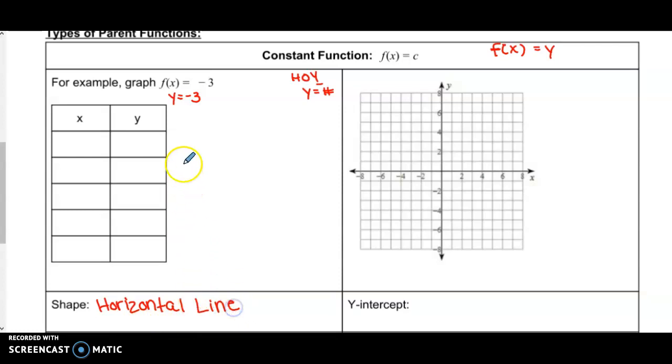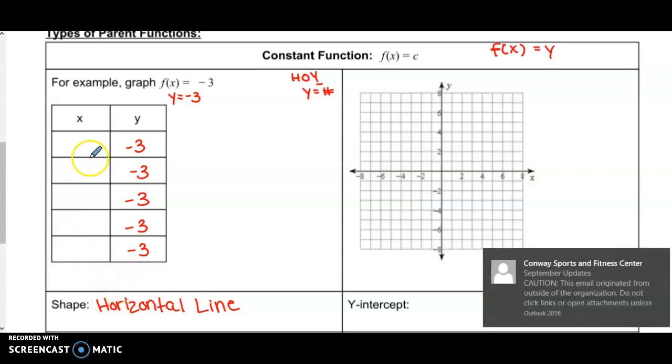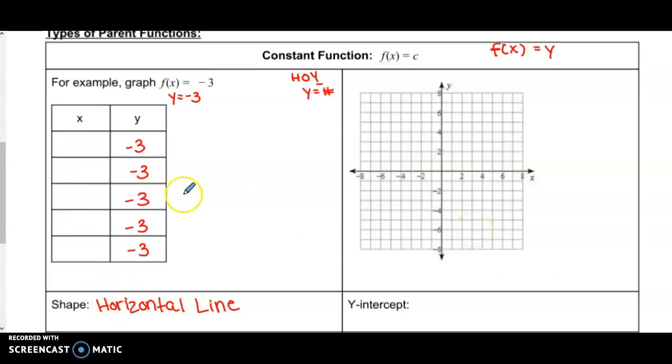All right, so with the horizontal line, no matter what I pick for my x values, my y values never change. They're always -3. So you can pick any x values that you want. I always pick a couple negative, 0, and a couple positive. So I would just put in -2, -1, 0, 1, and 2.